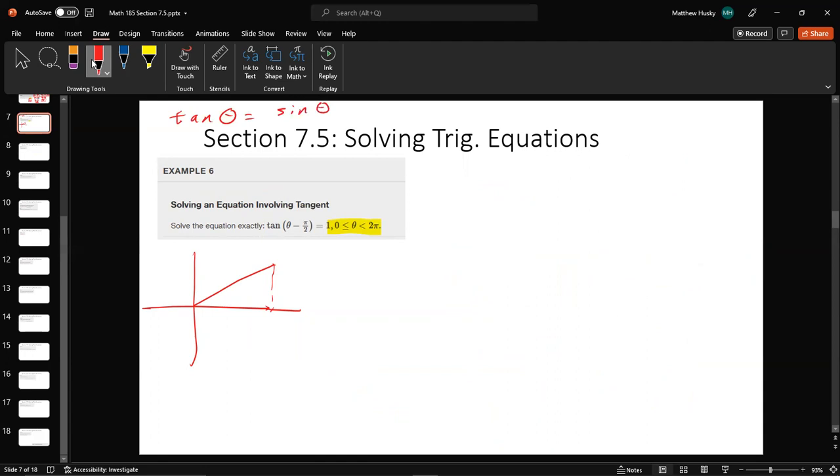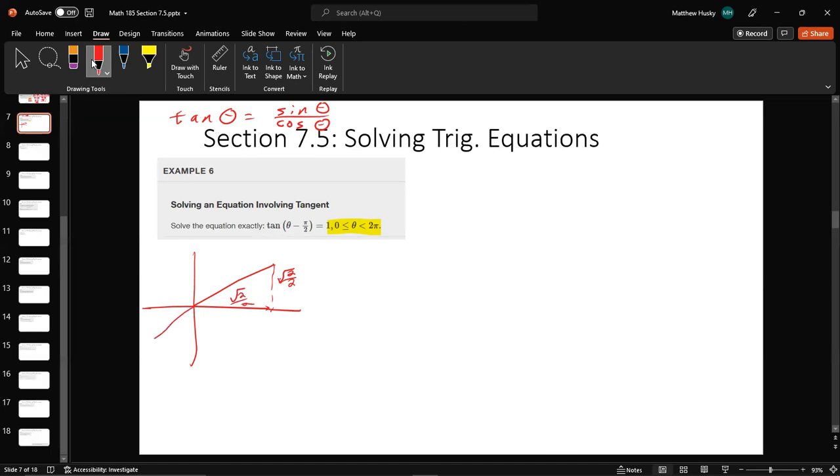So if tangent is 1, that's another way of saying sine and cosine have to equal the same number, because the only way you get 1 from dividing is if you take something and divide it by itself, which basically means this has to be root 2 over 2, and that has to be root 2 over 2.